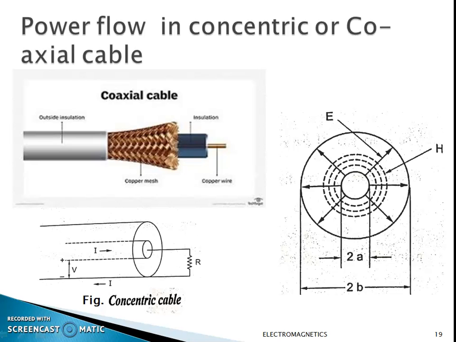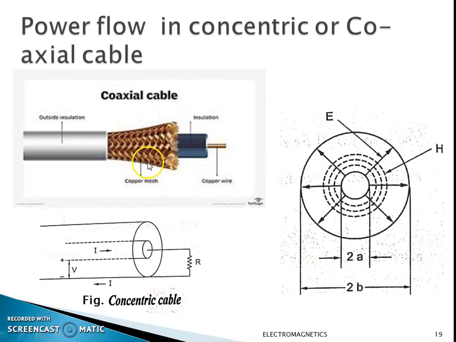So, coaxial cable is a type of electrical cable consisting of an inner conductor which is surrounded by a concentric conducting shield. That means it consists of two conductors. This is the inner conductor, a copper wire, and this is the outer conductor, a copper mesh.